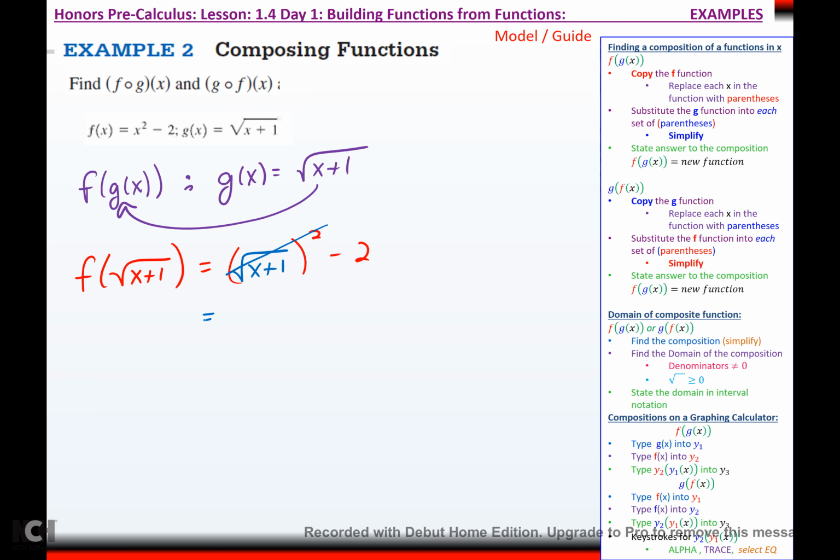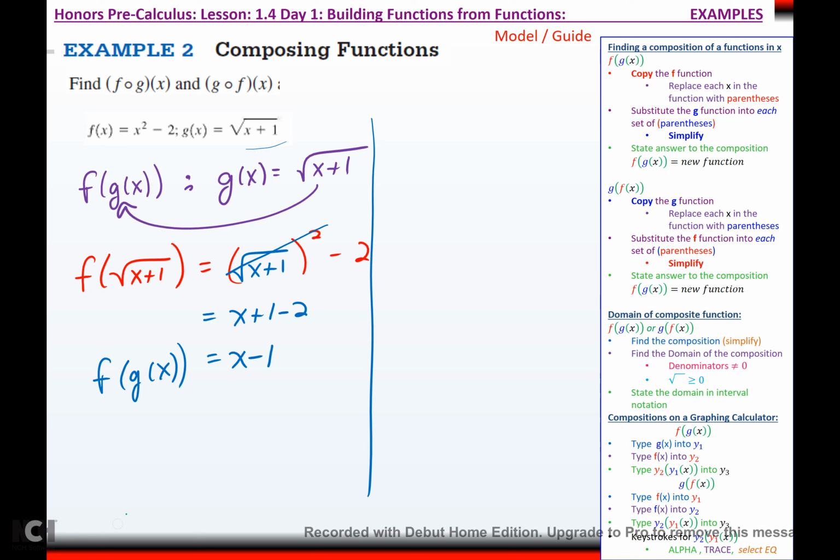Square kills it, and you get x plus 1 minus 2, which gives me x minus 1. F of g of x equals x minus 1. And by the way, you would still have domain restrictions. Even though you don't end up with a radical when you're done, it's inherent from the beginning, so you'd still have restrictions because of that radical. Okay, if they ask. Like I said, I don't know if they're going to ask you for domain.